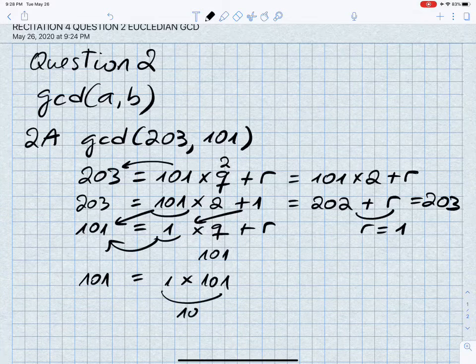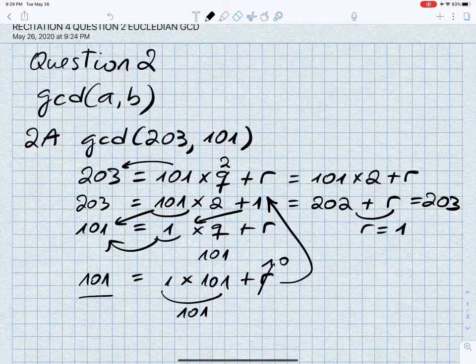So this is 101. How much further do we need to reach 101? Well, 0. So once you reach 0, then what we do is that we look at the previous value of the remainder, and that would be our GCD.